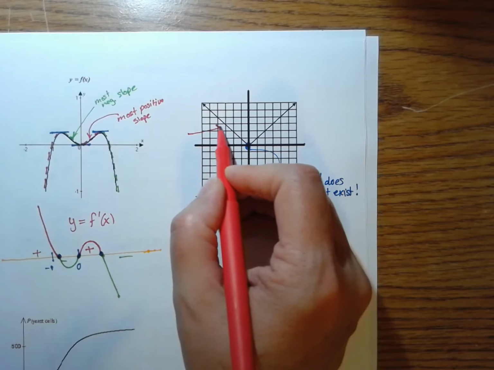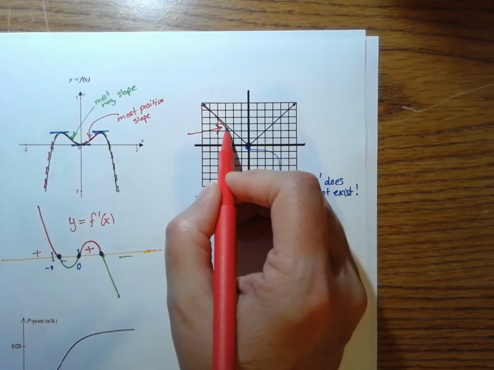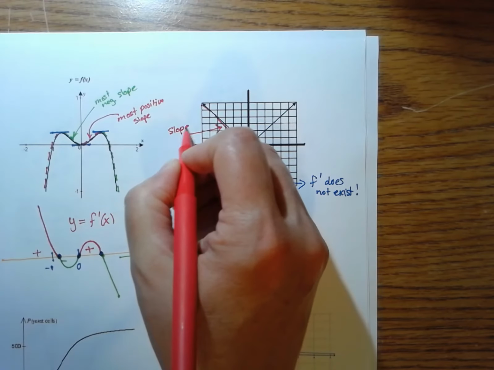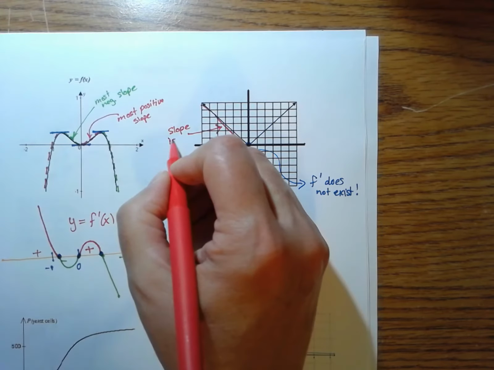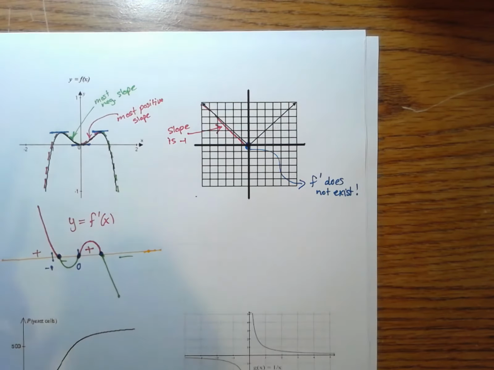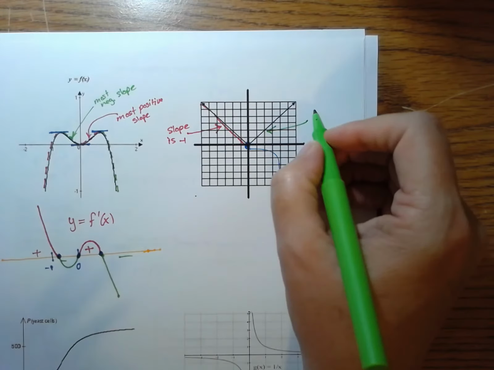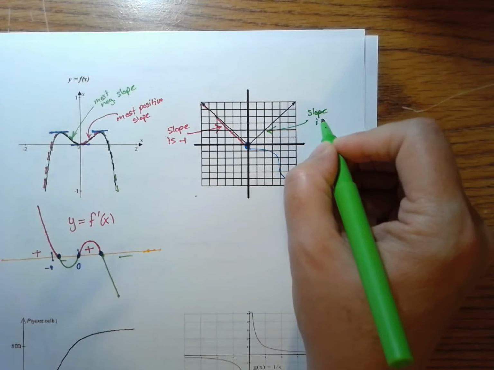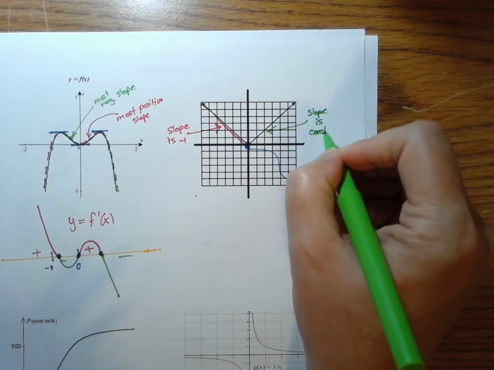So I'm noticing that the beginning of the graph, this whole interval, right till we get to the corner, the slope is constant. And it's a constant -1 as it's dropping 1 unit for every 1 unit over. And then here on the right half of our absolute value graph, since that's a line, the slope is constant again, this time being a +1.